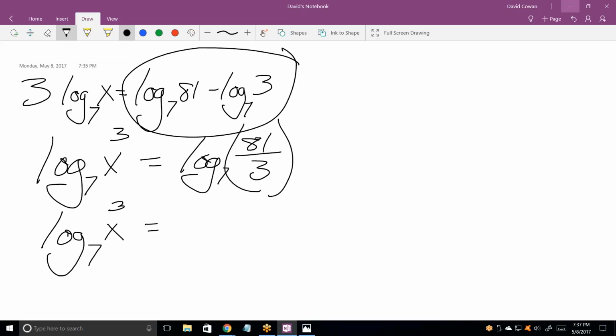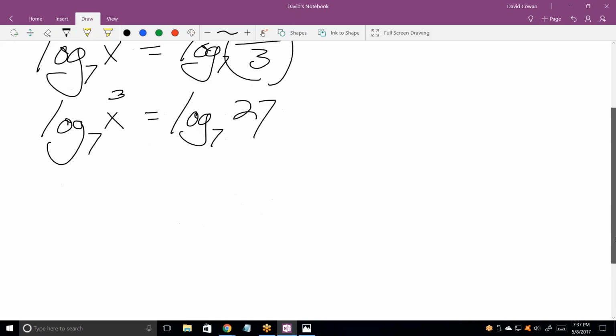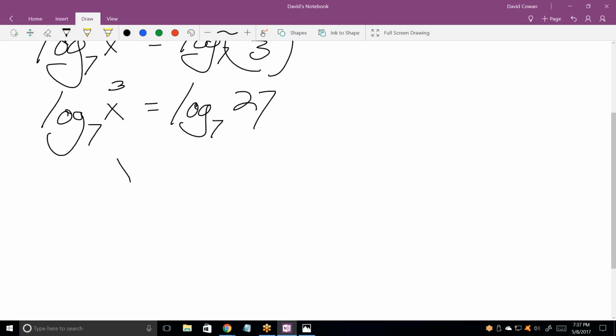Okay, so 81 is divisible by 3. That's 27. So now I have the log base 7 of 27. Now what can I say? X cubed equals 27. What's x equal?